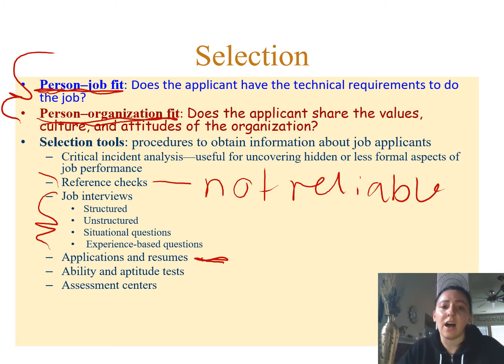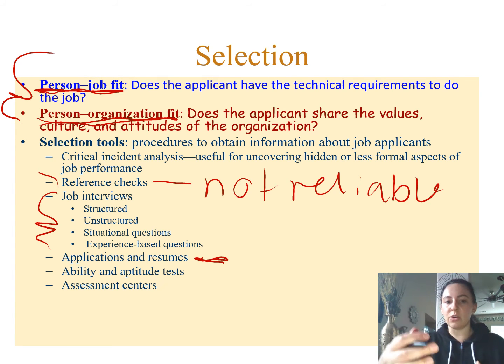Anyway, moving on. There are also assessment centers. Okay, these assessment centers will create simulations of real-life scenarios, and then the test will be like, here's the scenario, and then you as the applicant have to work on that, have to react. Okay, so they do this a lot with healthcare workers, especially nurses and surgeons and things like that.